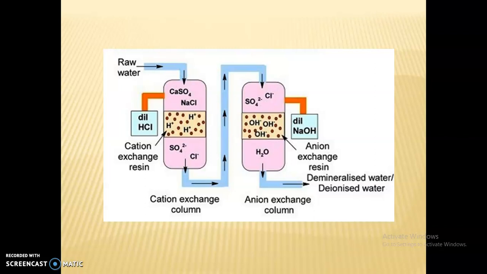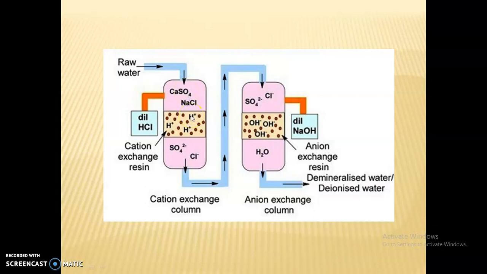Then let us discuss the procedure. First of all, we have to take the raw water and put that water into the cationic exchanger column. In this water consisting of calcium sulfate, calcium is a cation which is responsible for hardness, and sulfate is an anion which is also responsible.